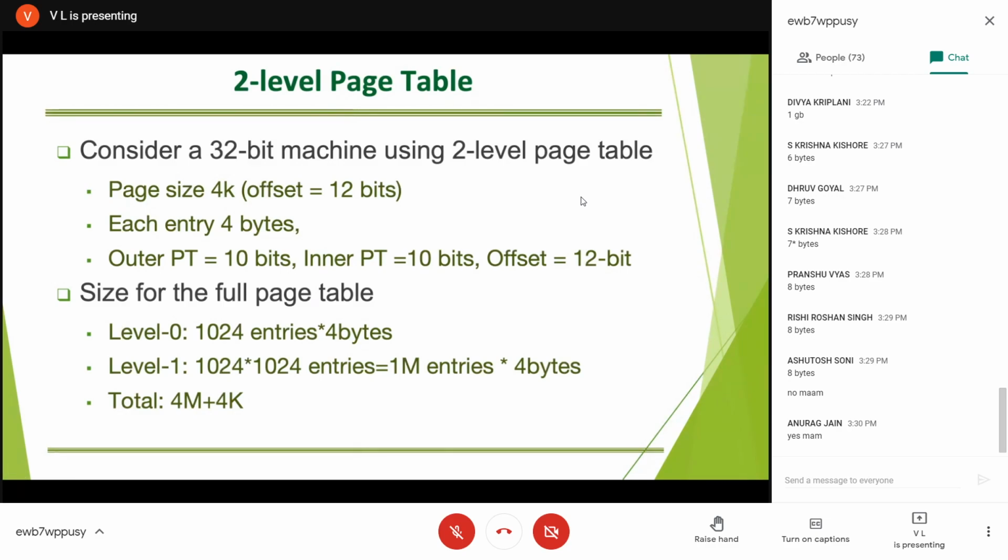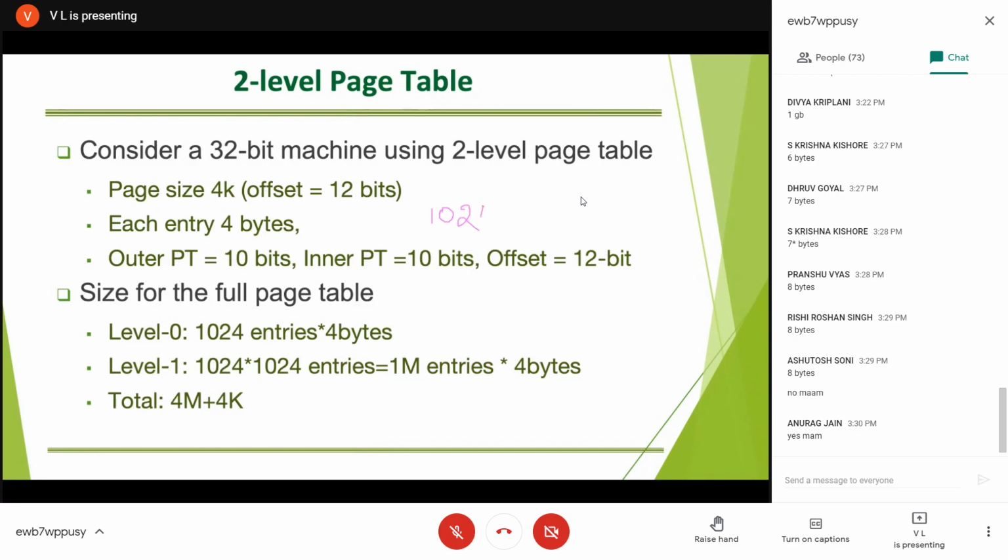Now, because each entry is equal to 4 bytes, each page can have only 1024 entries.